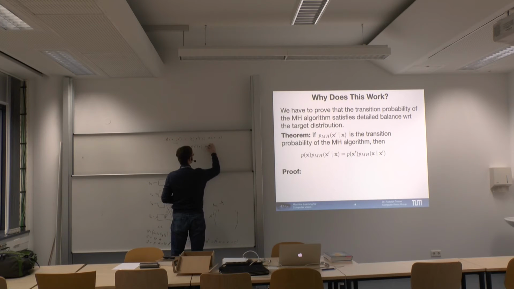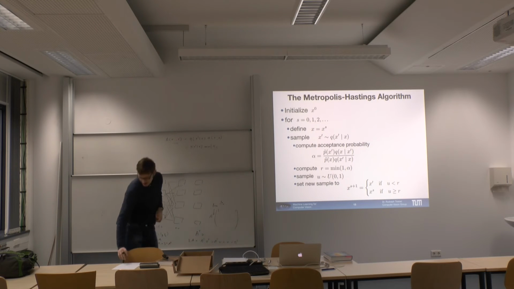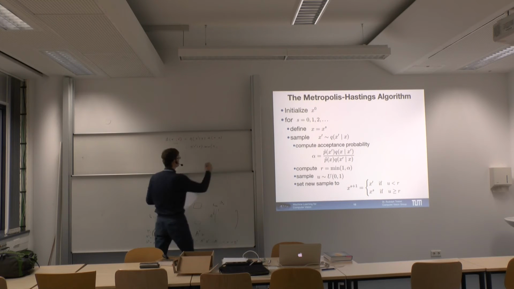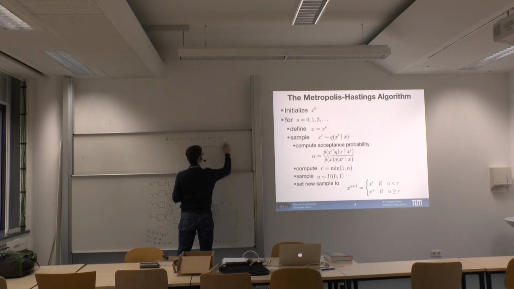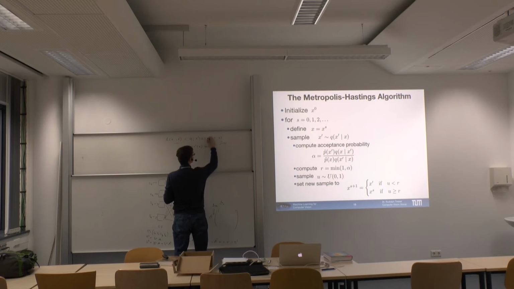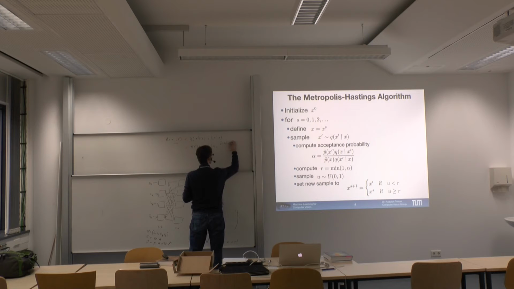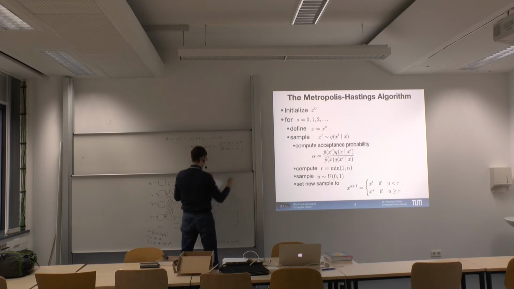And now we just plug in the definition of alpha, which is min of 1 and... this should be R. Anyhow, so this is min of 1 and pi tilde of x prime times q of x given x prime, divided by pi tilde of x times q of x prime given x, right?